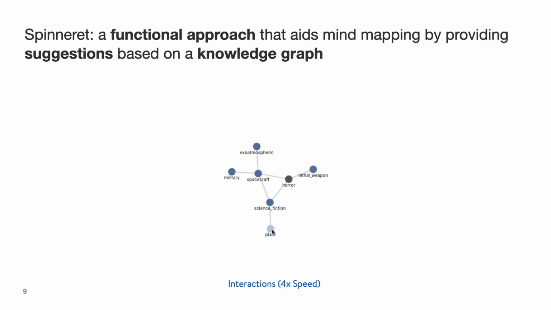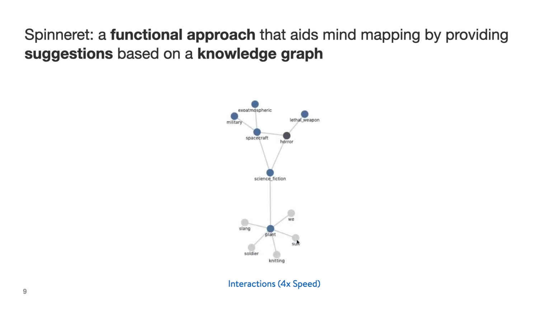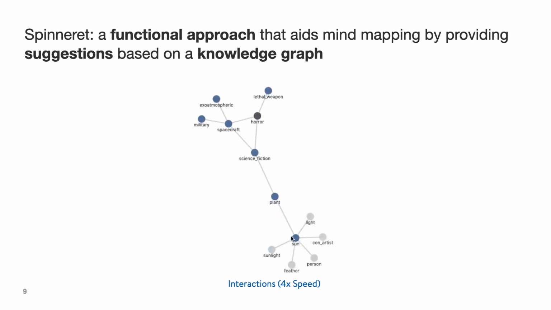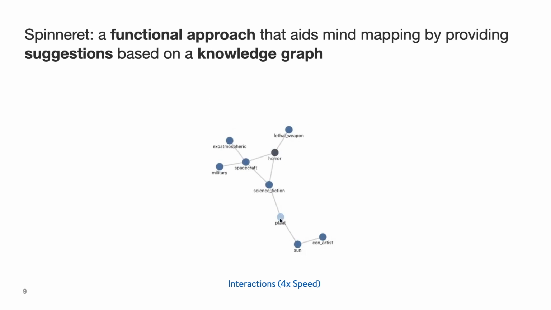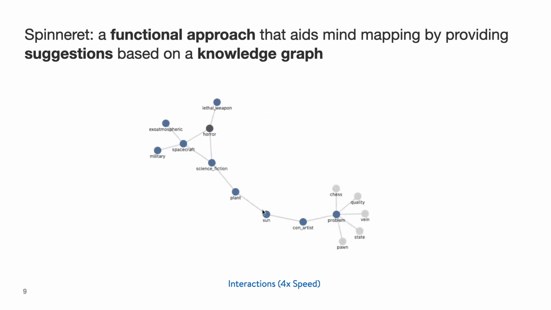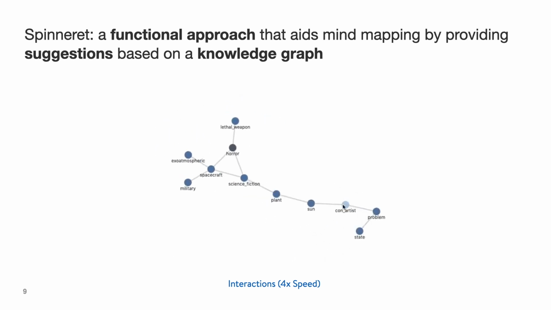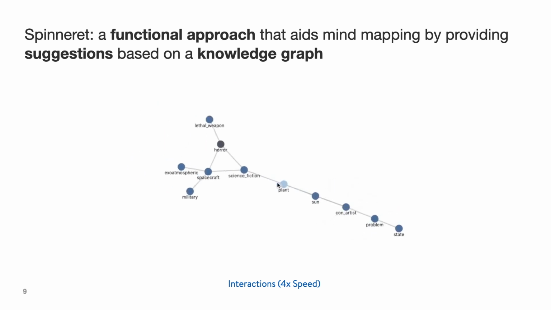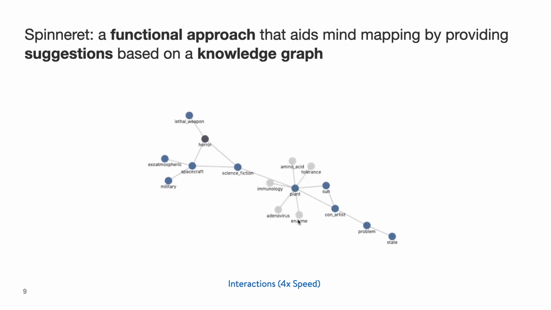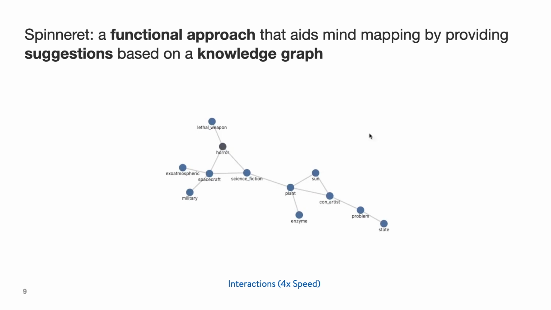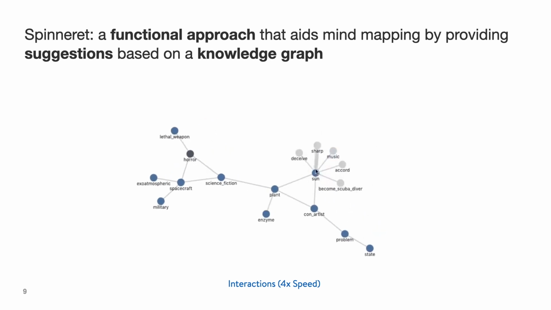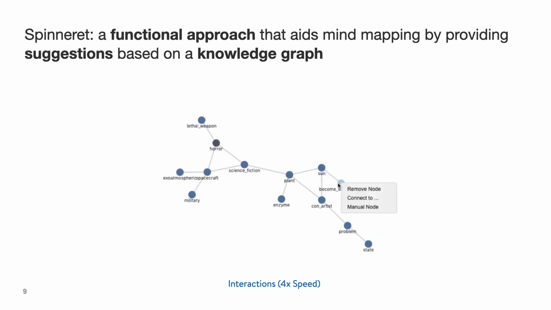To that end, we created Spinneret, a digital mind mapping tool that uses a functional approach to aid mind mapping. To emulate the mind mapping process, we have provided a series of interactions such as adding and deleting nodes and edges in the mind map. But more importantly, to reduce design fixation and stagnation, we provide suggestions based on the knowledge graph ConceptNet.